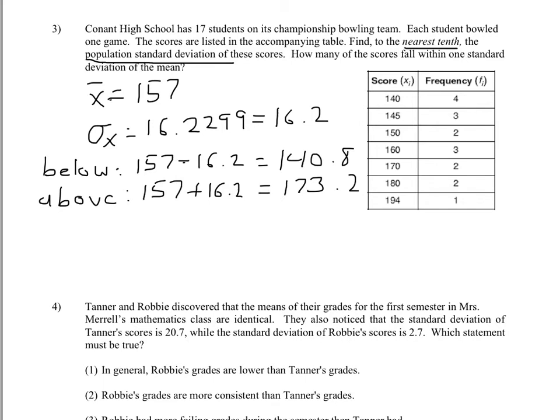So we need to look at 145. 145 does, 150, 160, and 170 do. 180, that wouldn't. It's above our range. So when I add up this total number of values, I find that 10 out of the 17 scores fall within one standard deviation of the mean. So to answer my question, how many of the scores fall within one standard deviation of the mean? 10 scores.